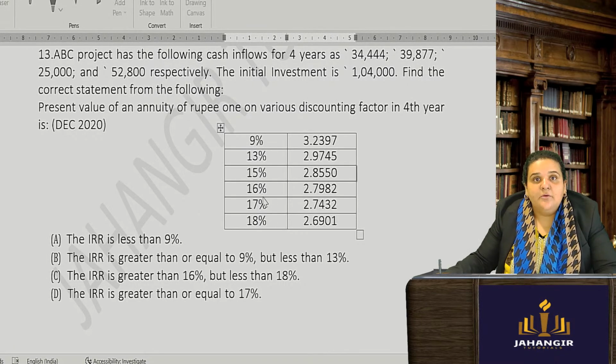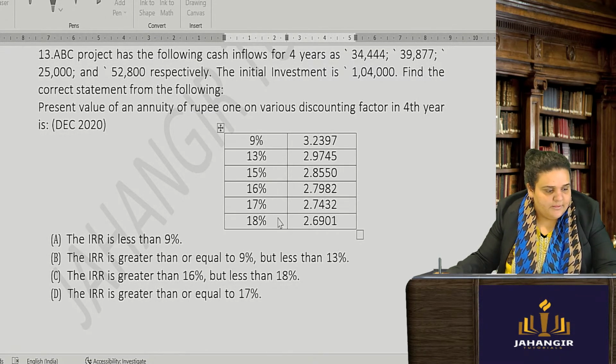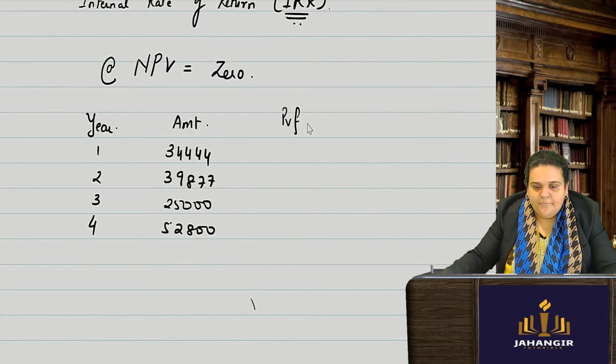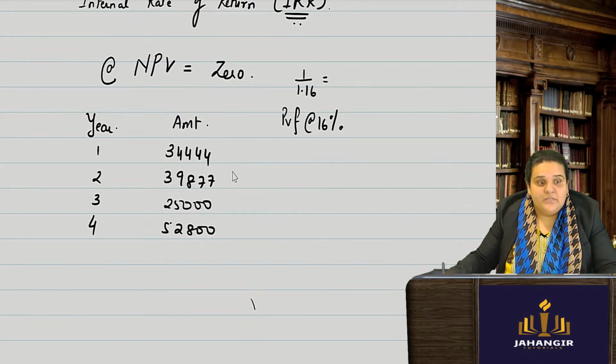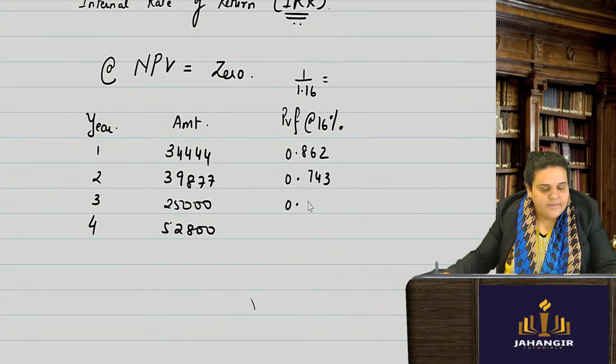I am starting from the last ones, 16%, 17%. It's a trial and error method. So with 16%, that means 1 divided by 1.16. Since the amounts are different, I will have to do it for each year: 0.862, 0.743, 0.641 and 0.552.